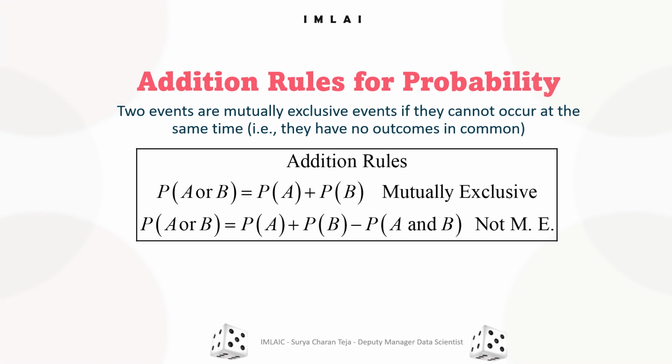For that we have created this, nothing else. But in that, we have two conditions. First, if the events are mutually exclusive, meaning they cannot occur together, then the calculation is one thing. If they can occur together, then the calculation is something else. That's it.